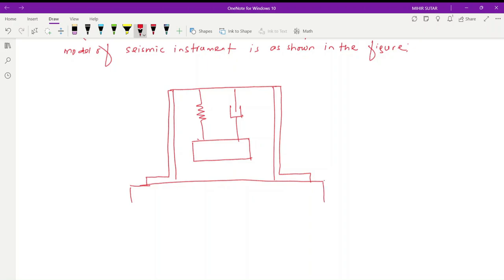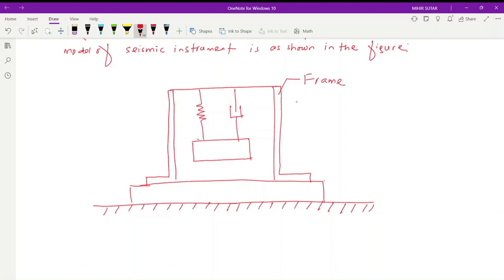and this is the base of the vibration measuring instrument, and the whole setup is resting on a machine on which we need to find out the vibration related component, either displacement, velocity, or acceleration. So we can say this is our frame. We have a scale attached to it here.